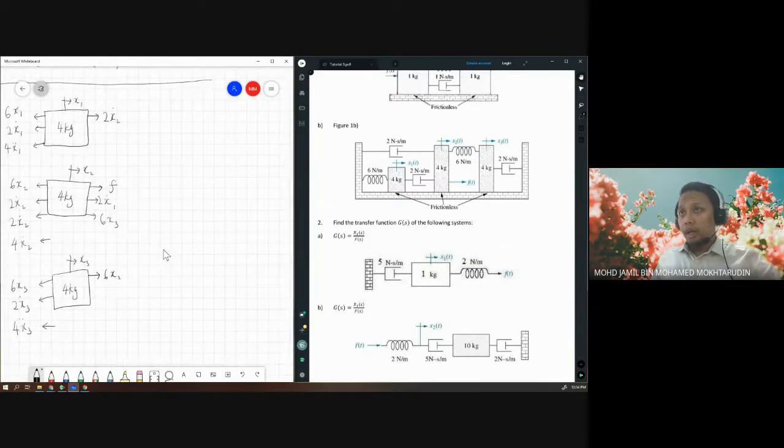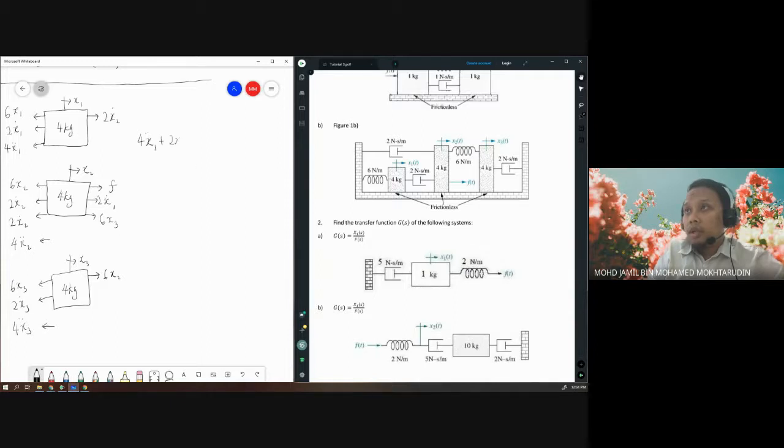Now we can write the equation of motions for each of the free body diagram. So the first one we have 4X1 double dot plus 2X1 dot plus 6X1 minus 2X2 dot equals 0.